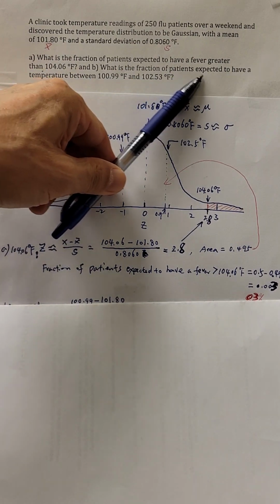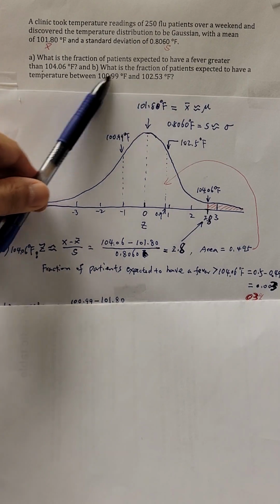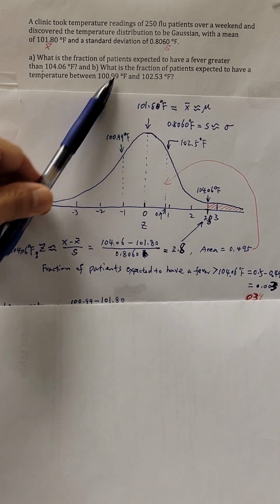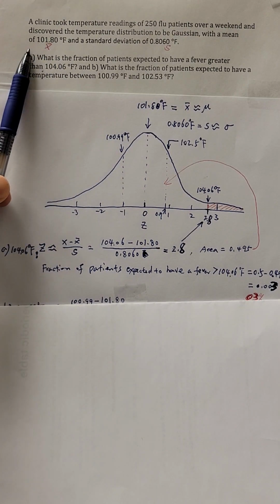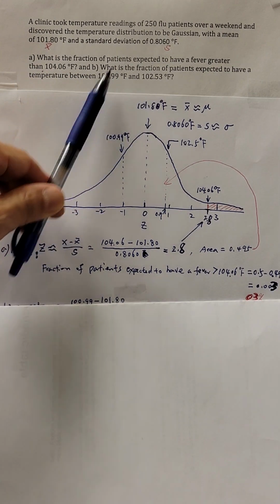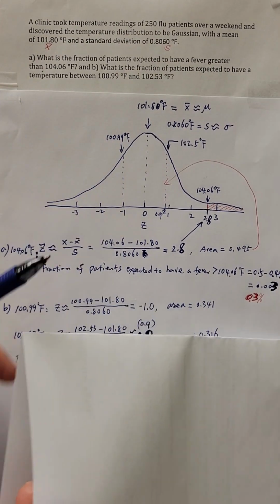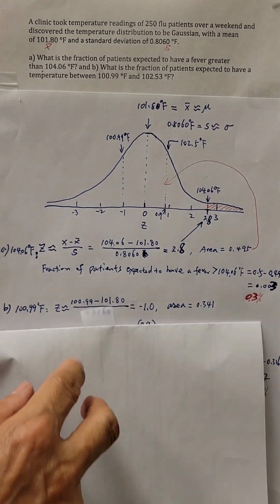How about question B? What is the fraction of patients expected to have a temperature between these two? This is different than A, the way it's asked. First, we have to find the z-value of those two temperatures again. Let's work on the first one.